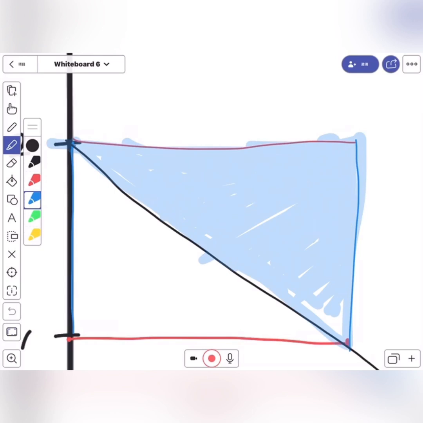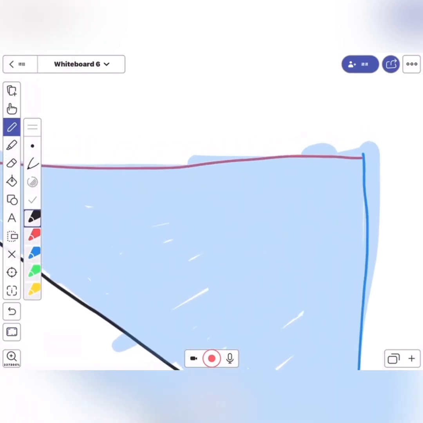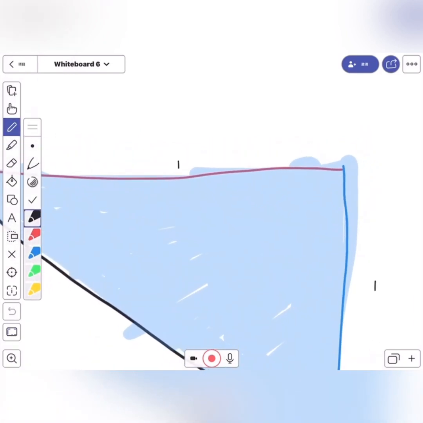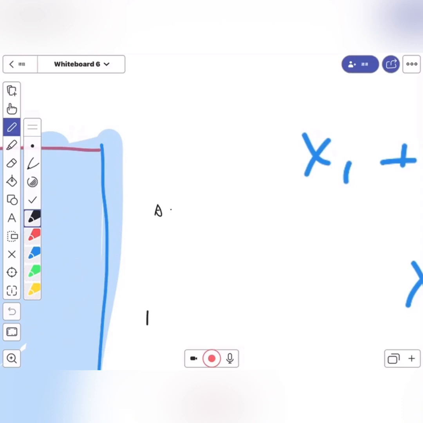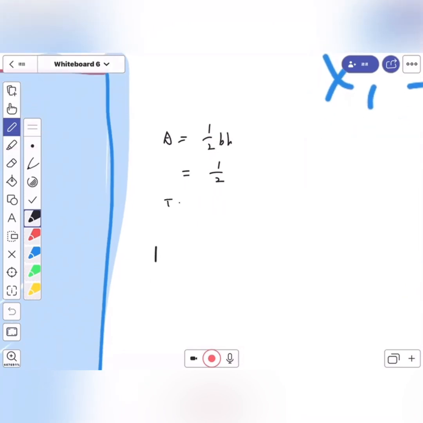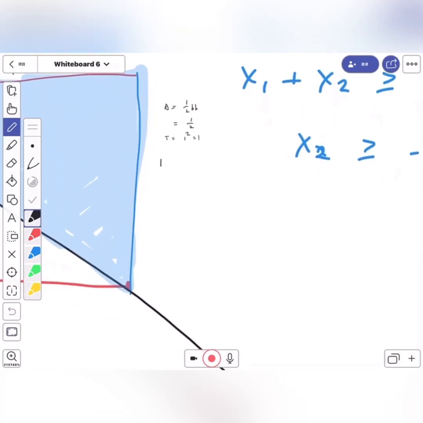This is just 1/2 of the total area, because this is 1 and this is 1, and A is 1/2 times base times height, just 1/2. And the total area is 1 squared, 1, so P is going to be 1/2.